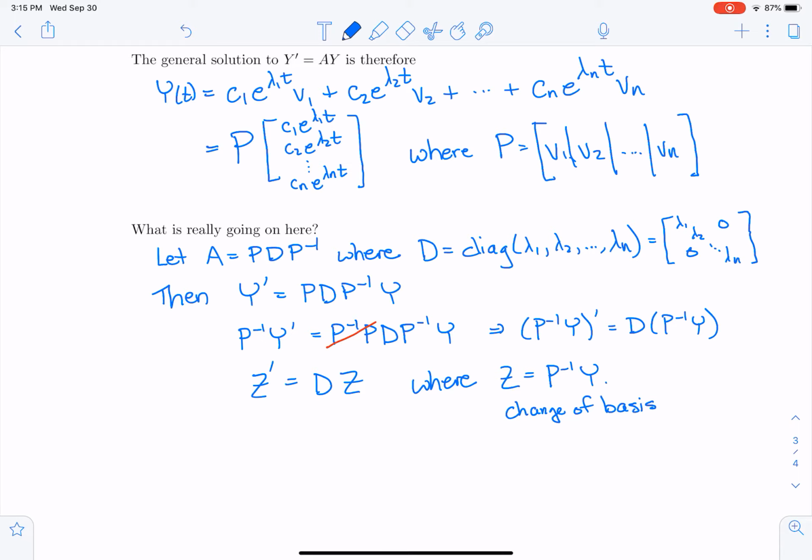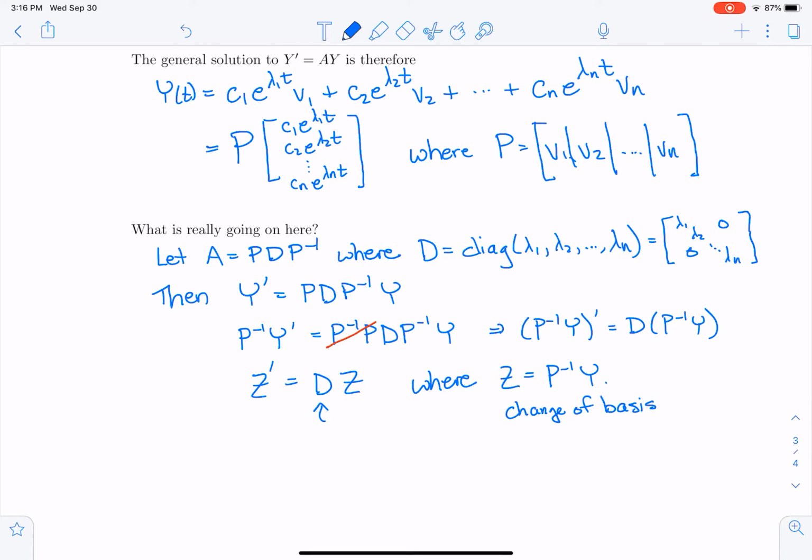In fact, when we wrote A as P D P inverse, like we did here, we were performing a change of basis. We were changing the basis from the standard basis to the basis of eigenvectors. And the linear transformation A is much simpler on this basis.